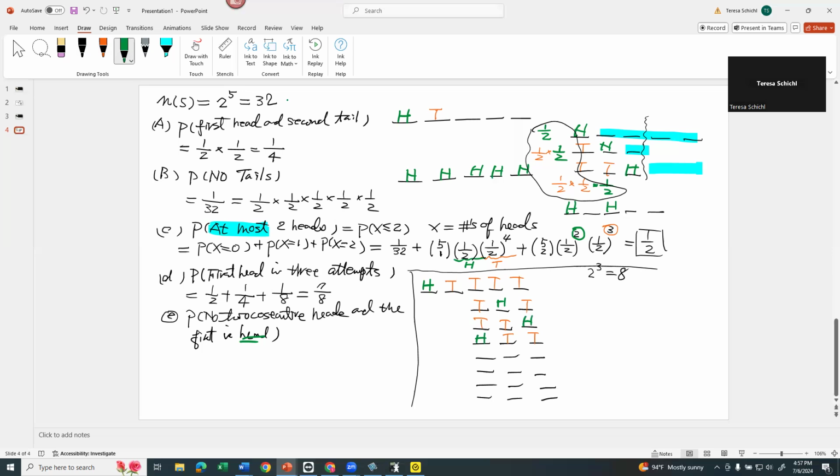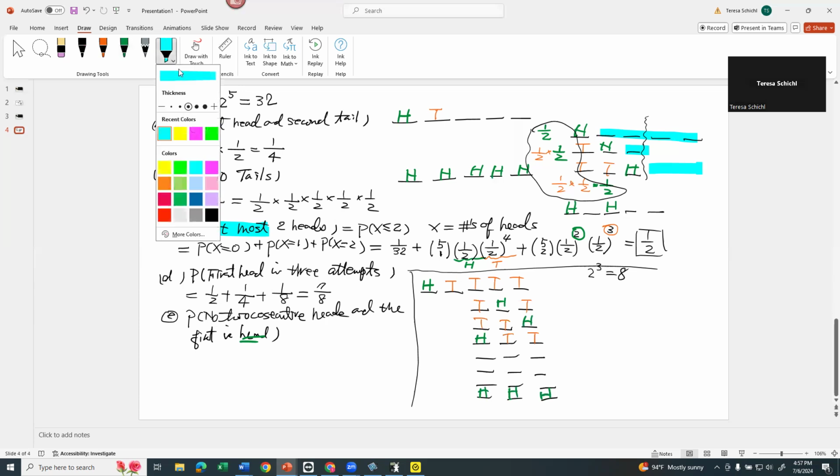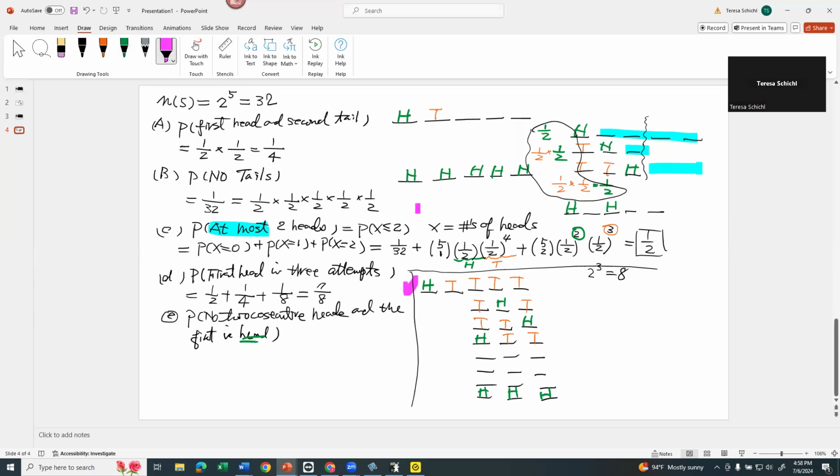Now for the last situation, head, head, head, I cannot have this. So we know this situation is good, this situation is good, right? For this one here, I know I cannot have head, head, head. Also, for the two-head situations, you can have this one or this one.